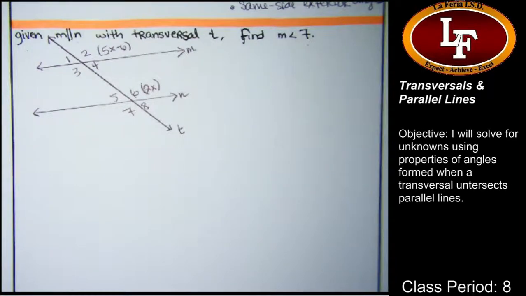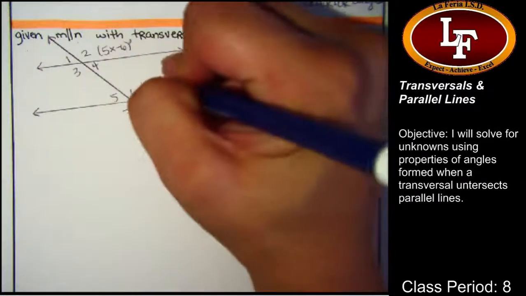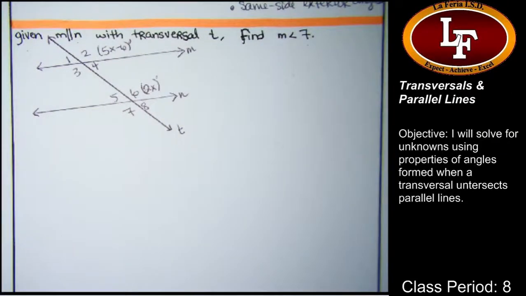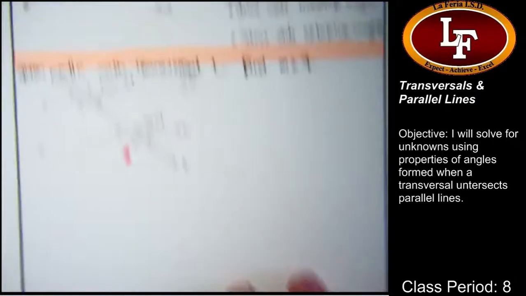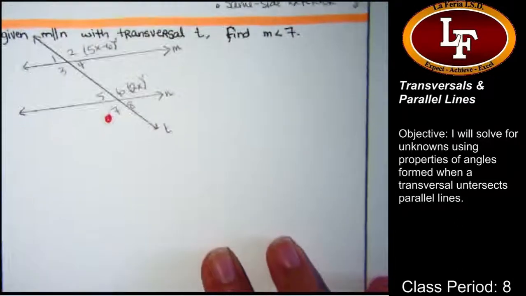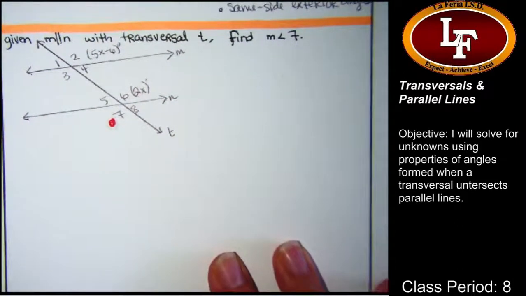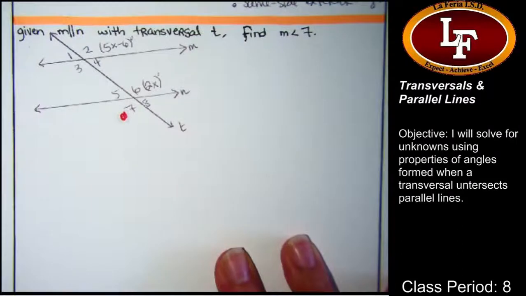Yeah, thank you. I'm providing this little information right there. And this is all the information that's given, and you've got to figure out the measure of angle 7 with just that. All right, we got to figure this out.